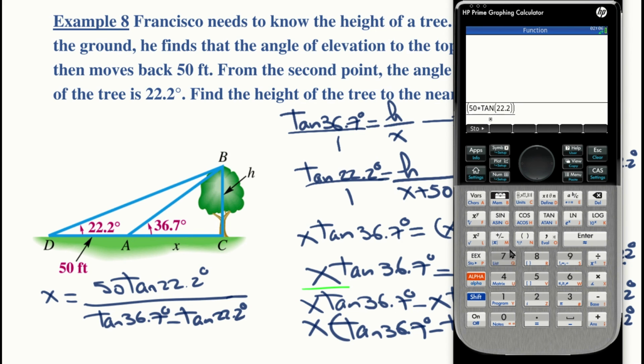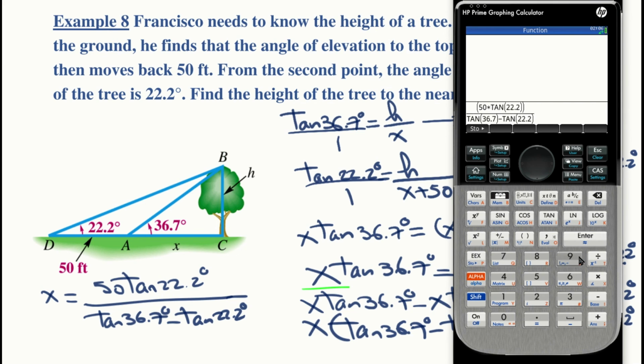All right, so we get over tangent of 36.7. Make sure you exit the parentheses, and then minus tangent of 22.2 degrees.